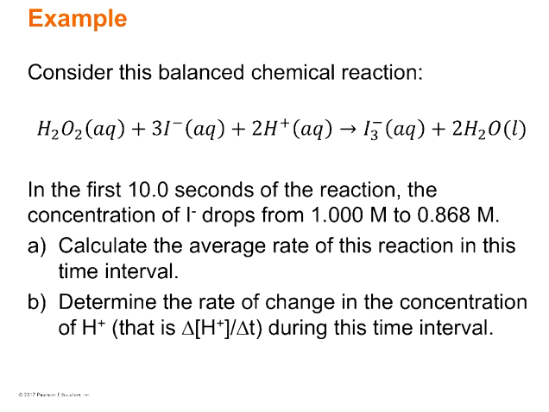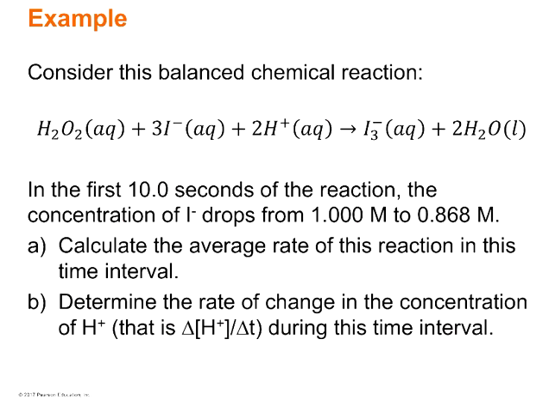First, we're going to calculate the average rate of this reaction in this time interval. And second, we're going to determine the rate of change in the concentration of hydrogen ions, or change in concentration over time, during this time interval.